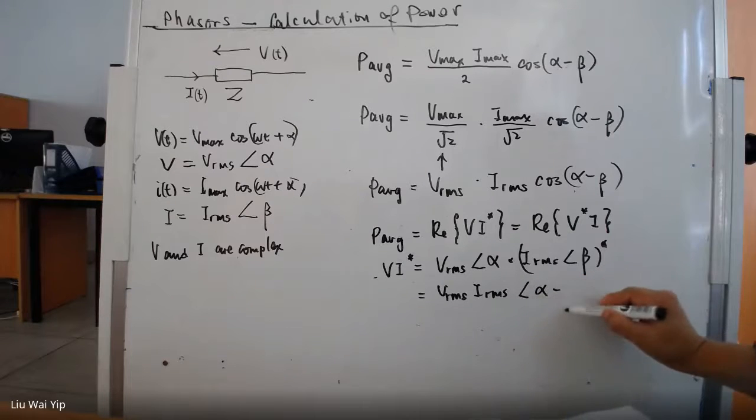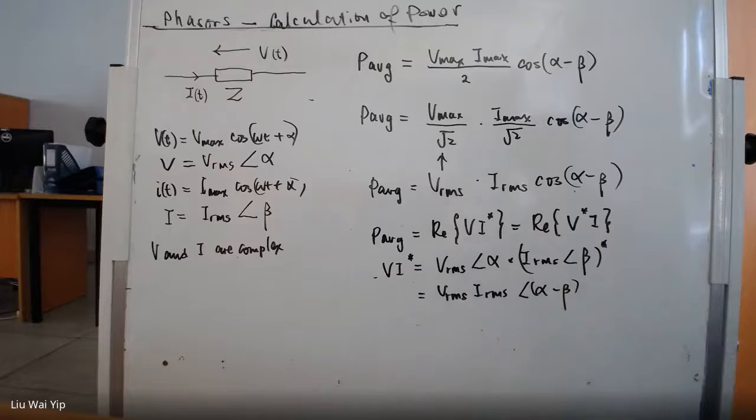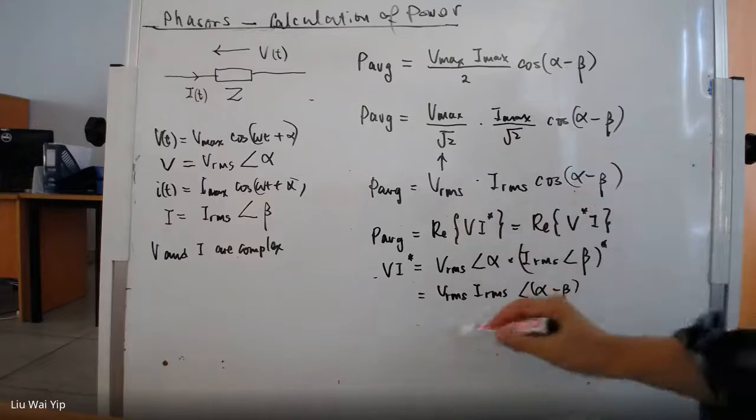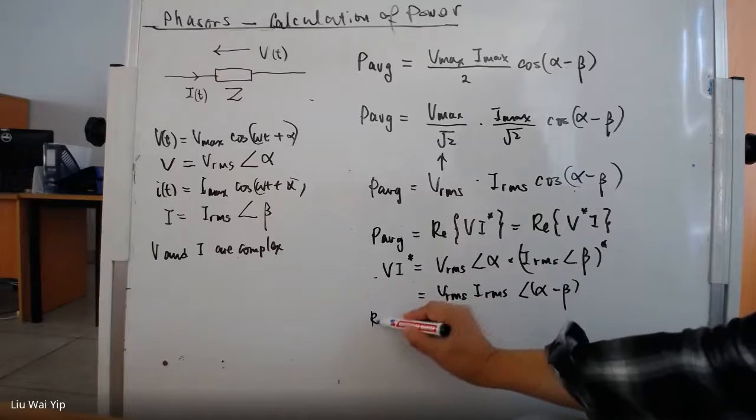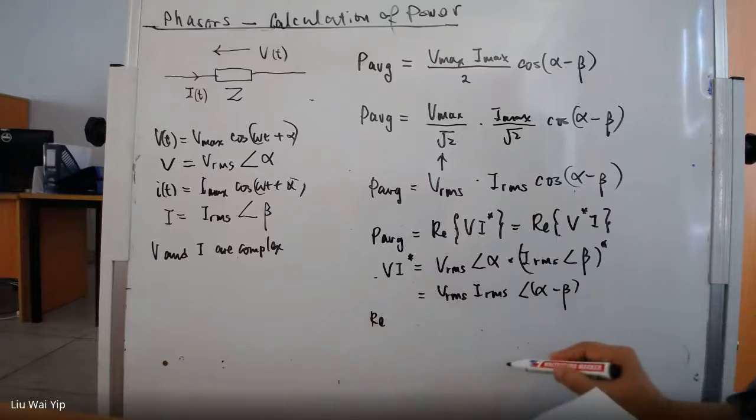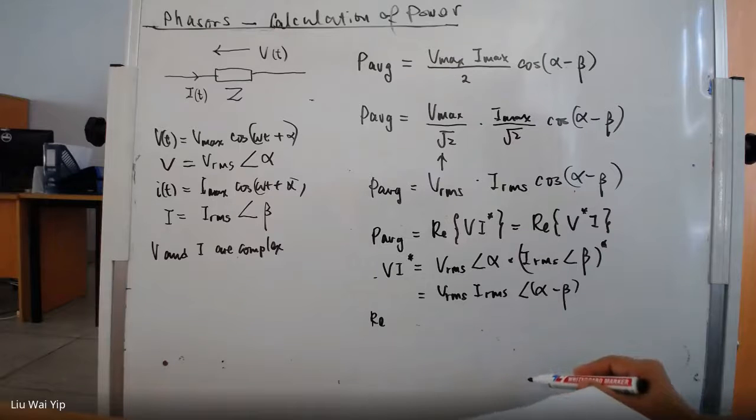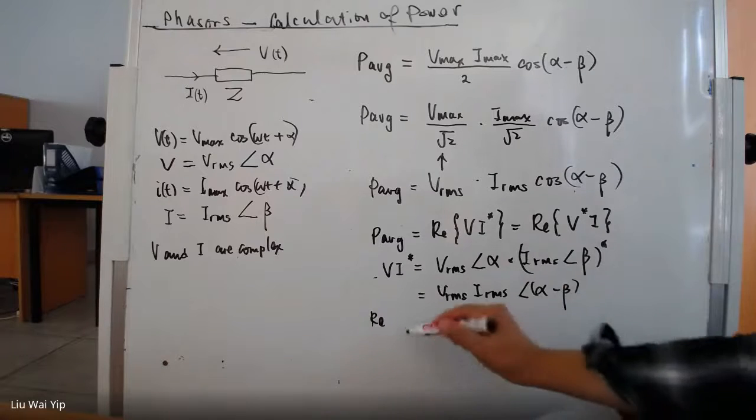So eventually what you end up with is alpha minus beta. Indeed, if we take the real part, yeah, I think it's right on.